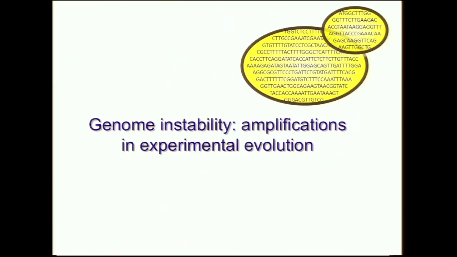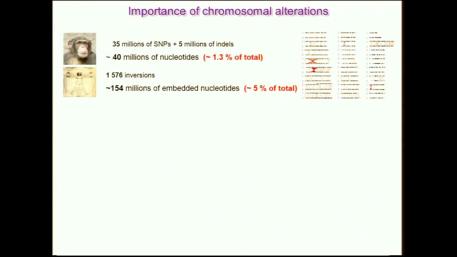So this brings me to the second part of my talk, which will be going back to the lab and doing some experiments. Okay? And this is just a slide I put for students. What I'm going to argue here is that compared to the nucleotide changes, which is of course one source of evolution, the chromosome dynamics is more important.